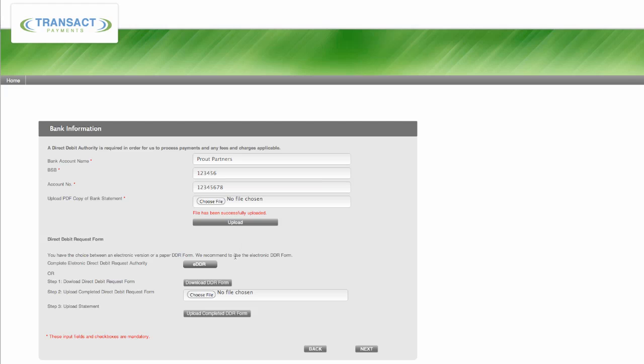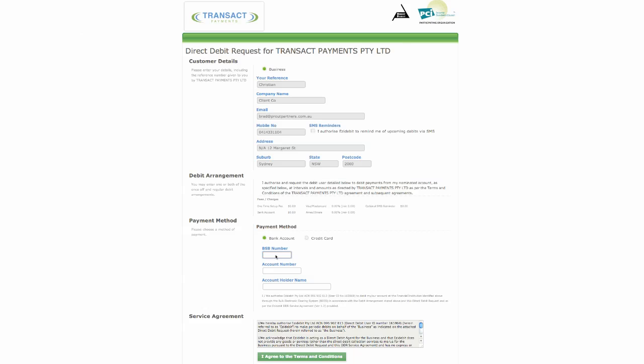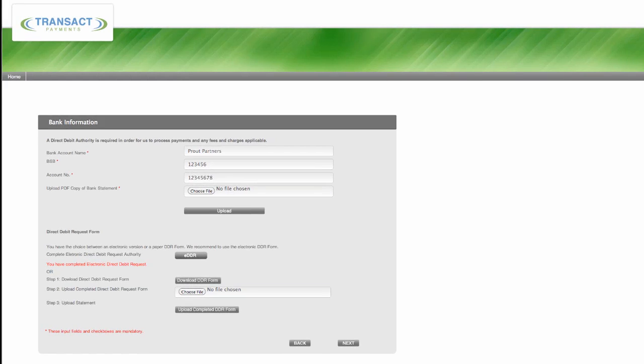They complete an online direct debit request authority. You can review and accept the terms and conditions of the authority, and then ultimately proceed to the next step.